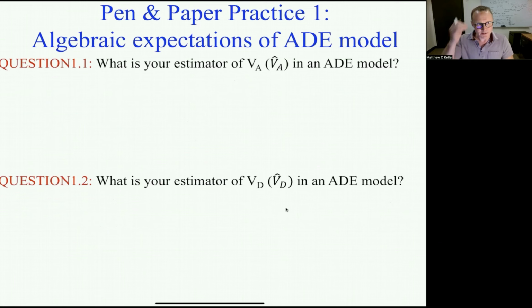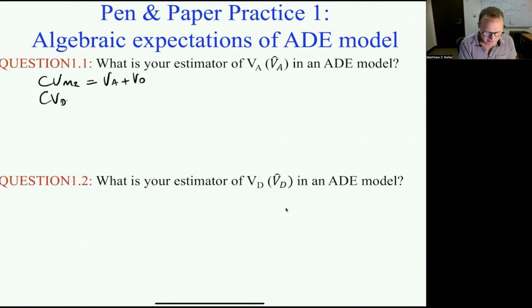All right, well, let's go through this. So again, the covariance of MZs is assumed to be equal to VA plus VD. Covariance of DZs is assumed to be equal to a half VA plus a quarter of VD. We want to get an estimator of VA, so we want to cancel out VD. Well, let's think about this. One way we could try to do this is take 4 times the covariance of DZs.